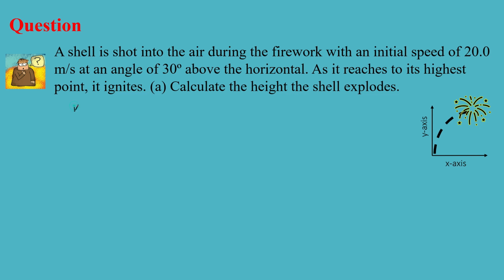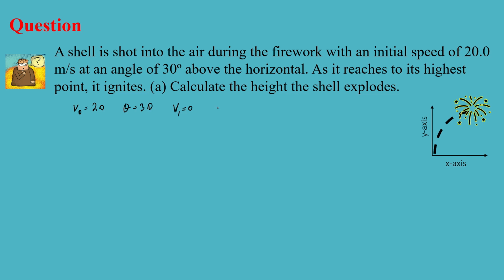My initial velocity is 20, and it makes an angle theta equal to 30. It reached its highest point. That means the final velocity is going to be 0, and then it wants me to calculate the height at which the shell explodes.